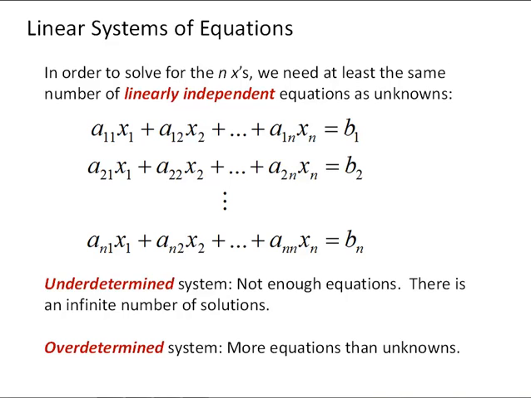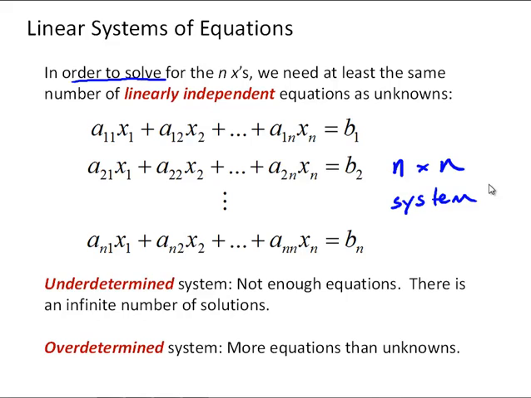So once we have an equation with n variables, we need at least the same number of linearly independent equations as we do unknowns if we're going to solve it. Okay? So what we really have is a system of n equations by n unknowns. So we'll talk about linear systems in terms of how many equations. So this is an n by n system.